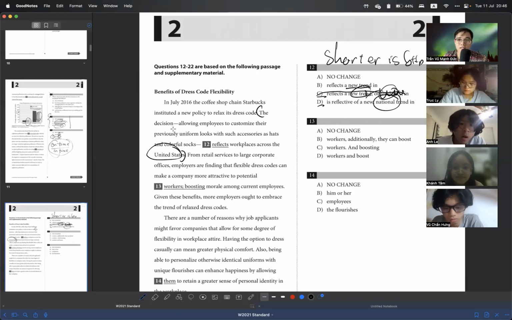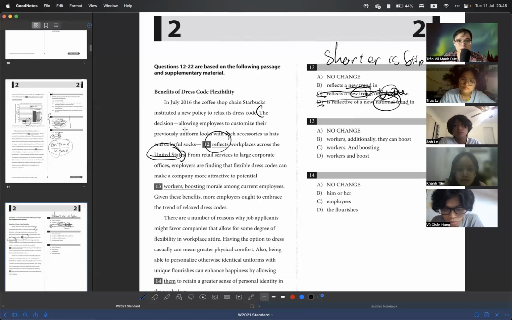You see, it's repetitive and unnecessary, so national trend and United States is wrong. D is wrong, but A and B: A has reflects, and B has reflects a new trend. B is correct if the sentence has no mention of a new trend, and A is correct if the sentence has already mentioned a new trend, in which case B is futile because it's repetitive.